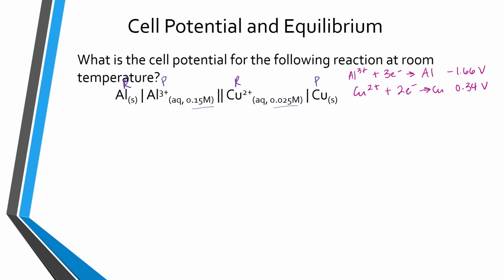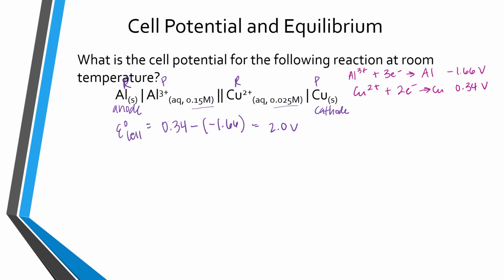First thing I'm going to do is calculate my standard cell potential. 0.34, reduction minus oxidation, or we can think of it as cathode minus anode, so copper minus aluminum, we get 2 volts.